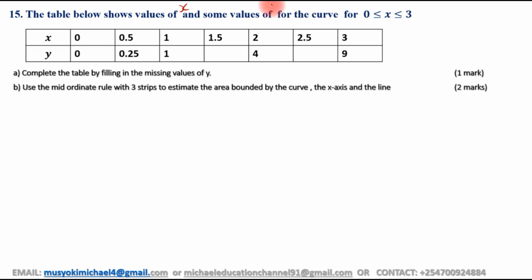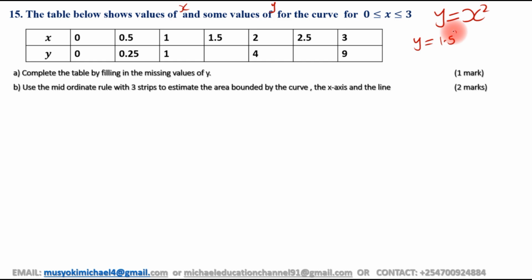So we have the table which shows values of x and also some values of y for the curve. We need to fill in the table. The curve is y equals x squared. Now let us complete the table by filling in the missing values.